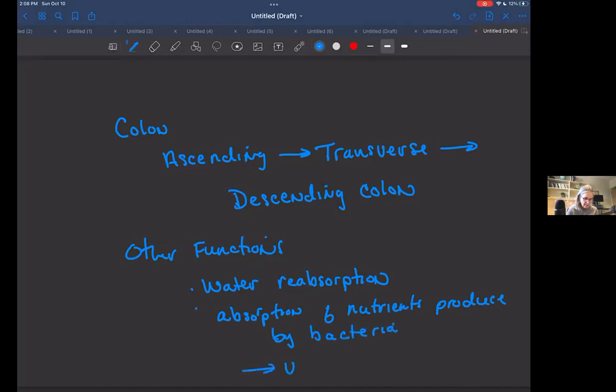So for example, vitamin K. Vitamin K is absolutely necessary for blood clotting. So when we are born, we do not have any symbiotic bacteria. We haven't been using our digestive tract. We have been getting our nutrients through the placenta.